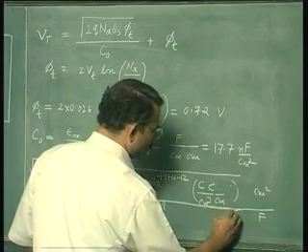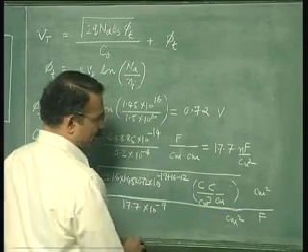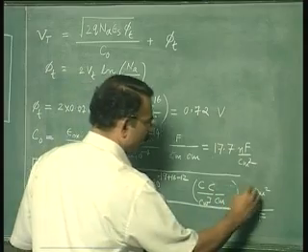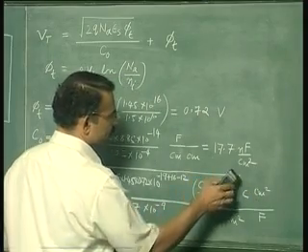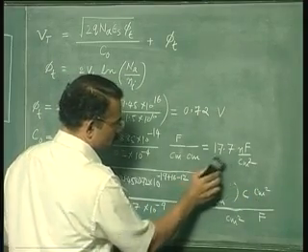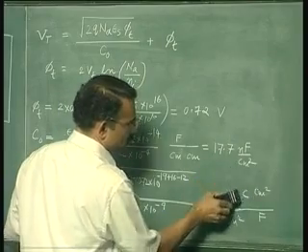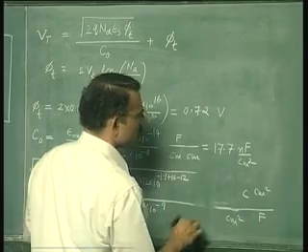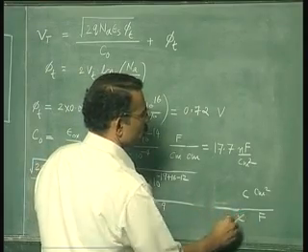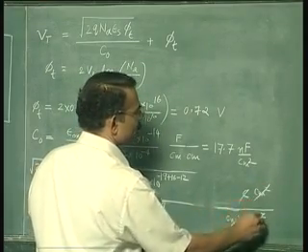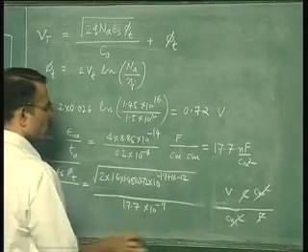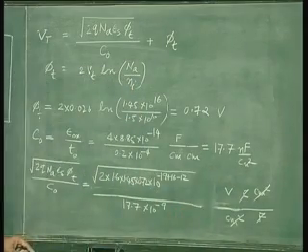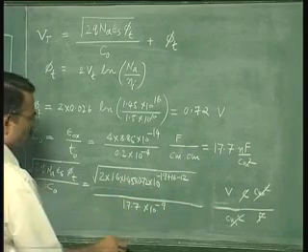This centimeter power 4 in the denominator becomes centimeter square when it comes out of the square root, and this becomes coulomb. So this is the unit: coulomb by farad, that is nothing but volts. So dimensionally this equation is correct. Now we need to evaluate it numerically.